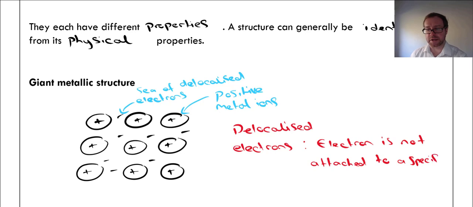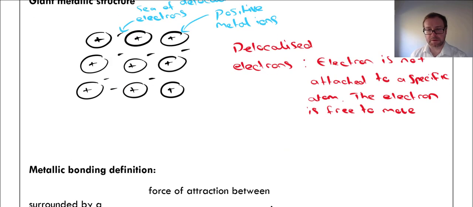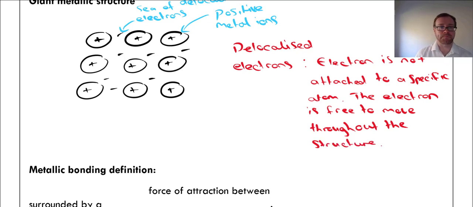And another way of saying that is the electron is free to move throughout the structure. Okay, and this is important when we come on to the different properties of a metal. Okay, so this is my giant metallic structure.